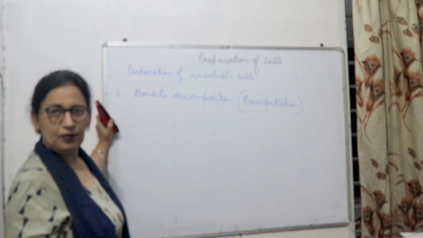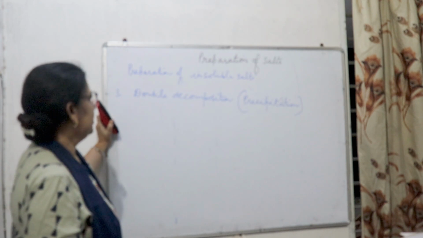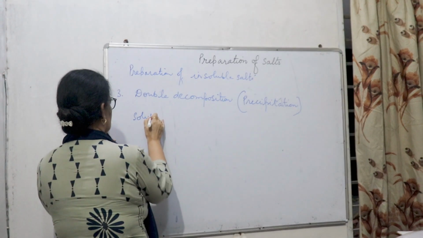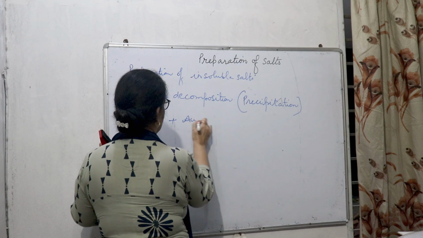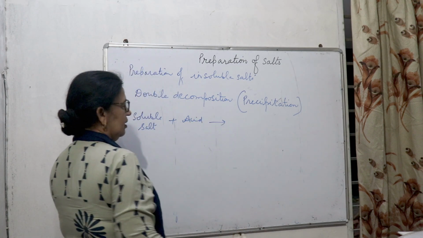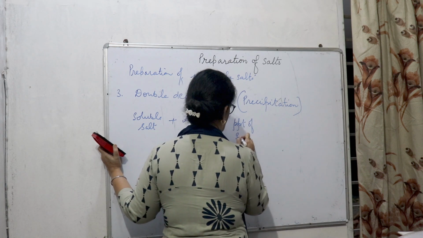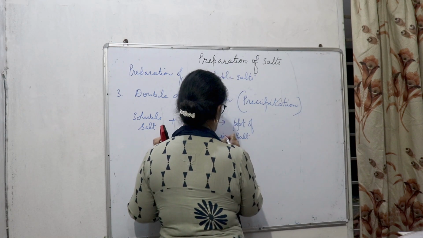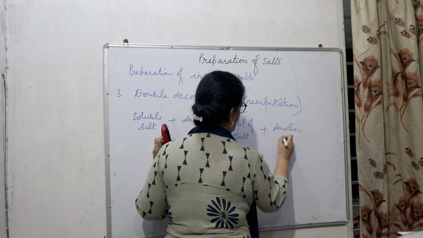When solutions are mixed together and an insoluble solid is formed, that is called precipitate. And for this we'll take the soluble salt and we'll put acid into it, then we'll get the PPT, that is precipitate of insoluble salt, plus another acid.